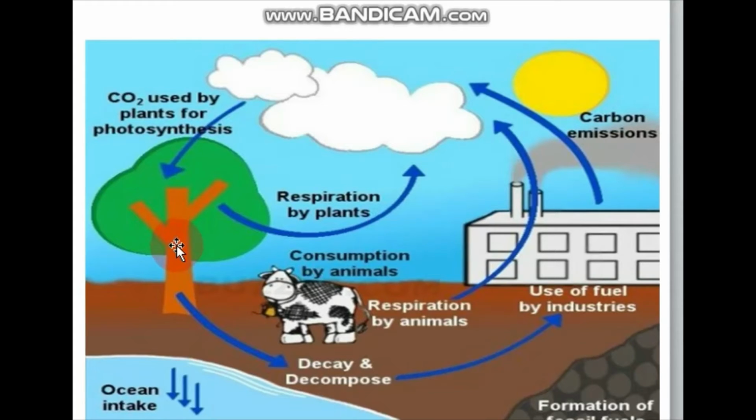Now, the plant and the animal can also die, and when they die, they are buried. They go through the process of decay and decomposition. So when they decay and decompose, they also directly release carbon dioxide into the atmosphere.